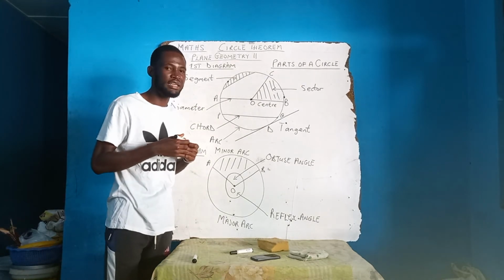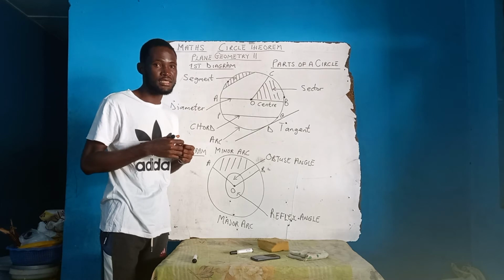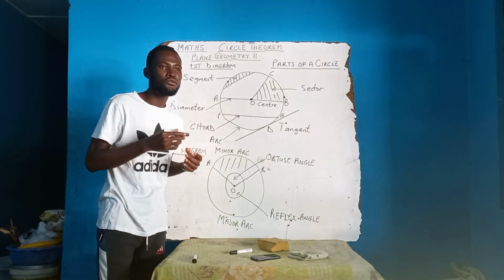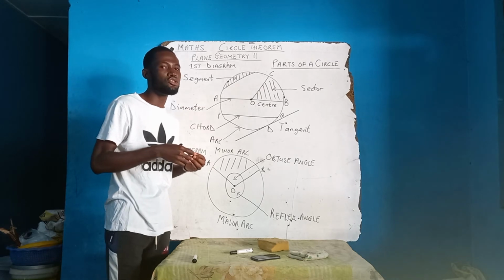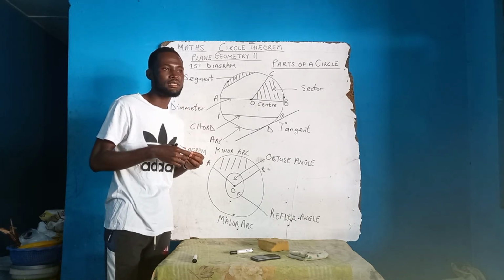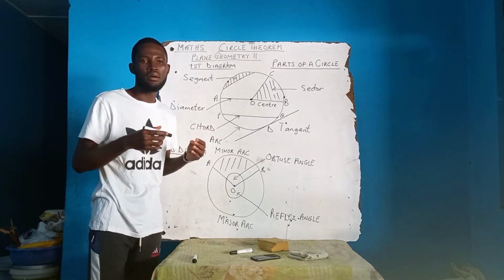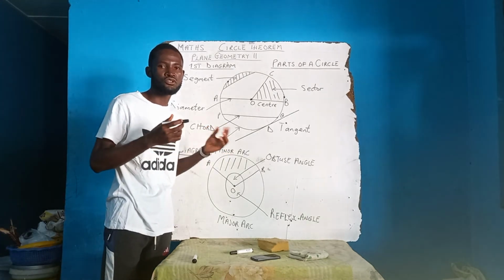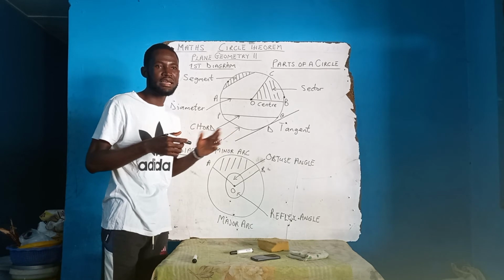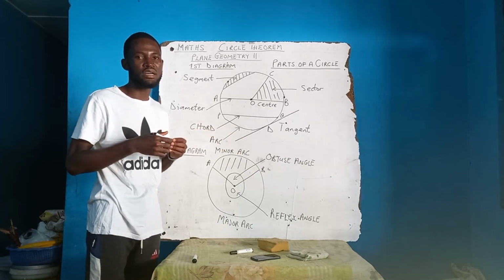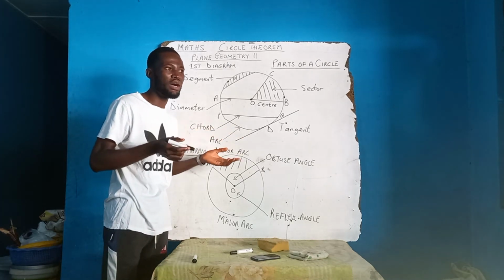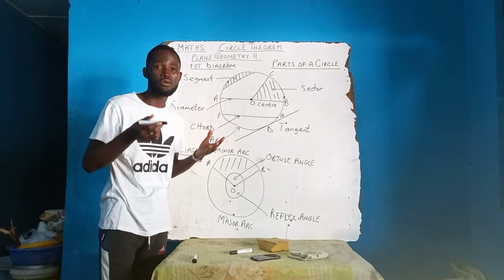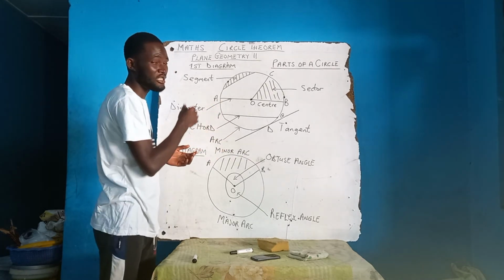But before we draw the curtains on today's lesson, if you really understood plane geometry 1, that is the angles about parallel line properties and the properties of triangles, that is the sum of interior angles of a triangle summing up to 180, it is really going to be needed in circle theorem.